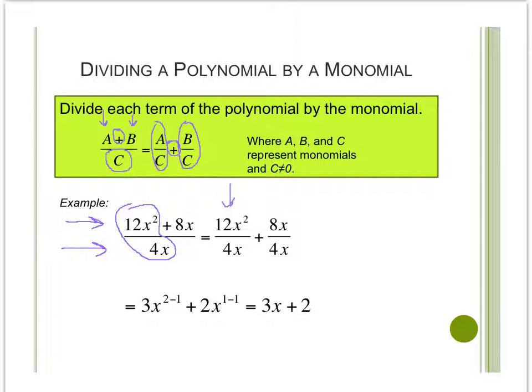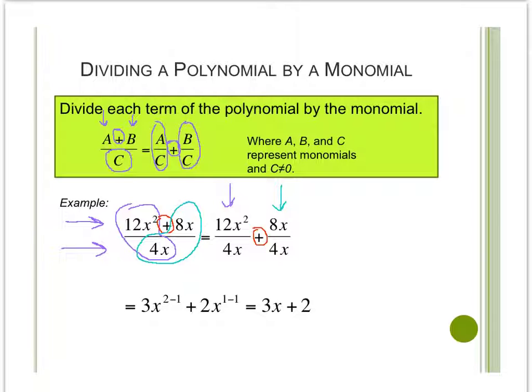Now, remember, we want to keep the same operation when we split this into different fractions. So we have an addition sign here, and we know that the next fraction we're breaking this into is that second term of 8x divided by the same denominator of 4x. So we get 8x divided by 4x.